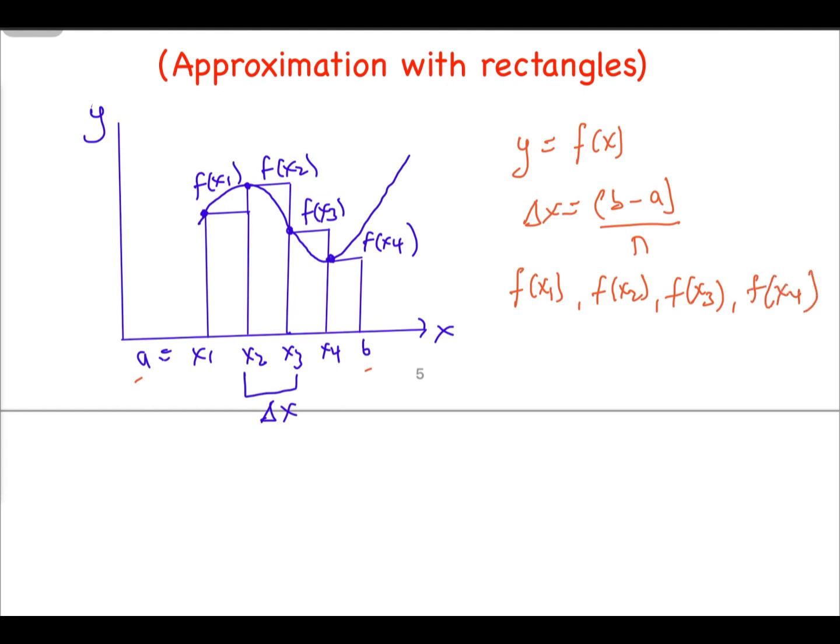So the area of the region under the curve is approximately the sum of the areas of these 4 rectangles, right? As I said, the area of this region under the curve is approximated by the sum of the areas of these 4 rectangles.